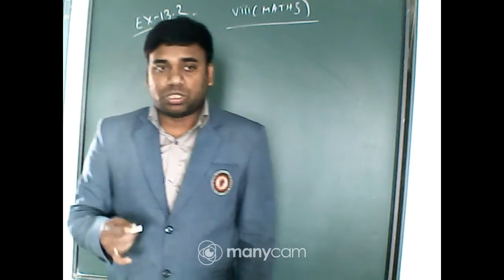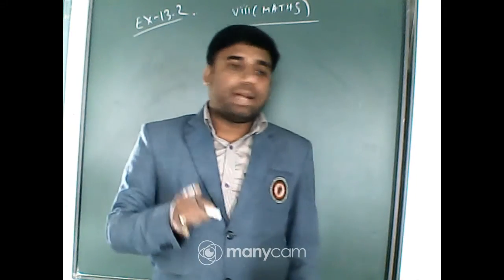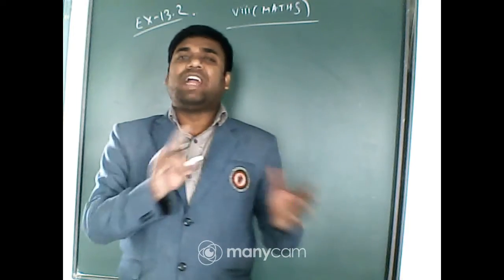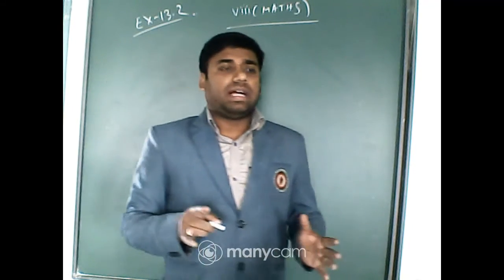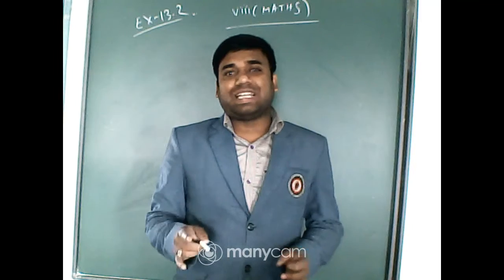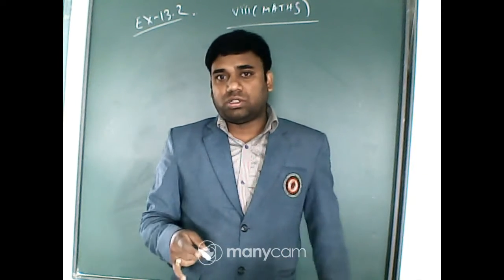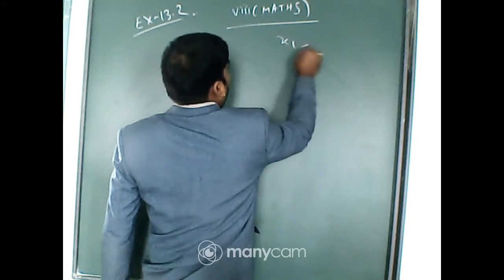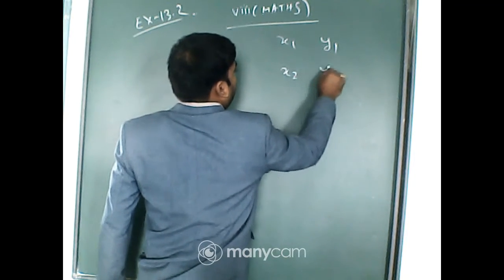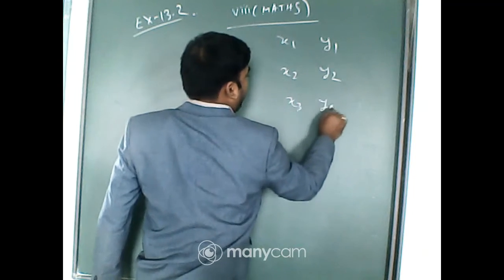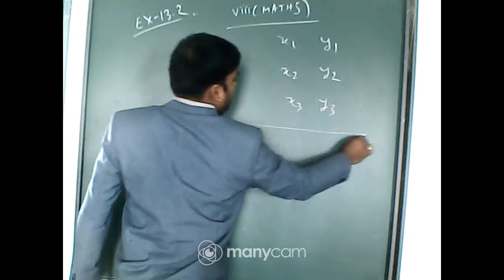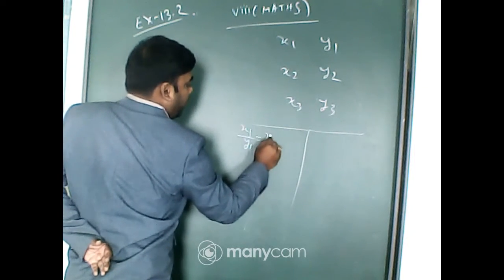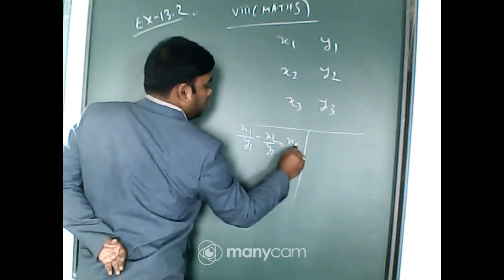What is inverse proportion? In direct proportion, we have learned that in two variables x and y, the ratio of x and y is constant, like x1/y1 equal to x2/y2 equal to x3/y3.